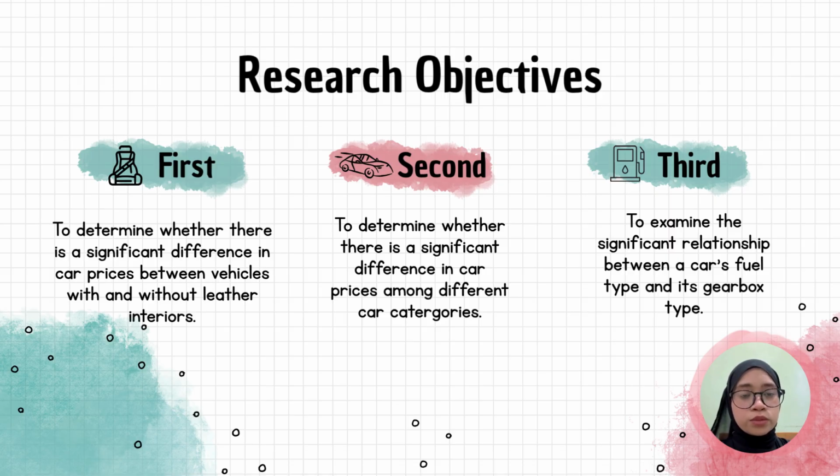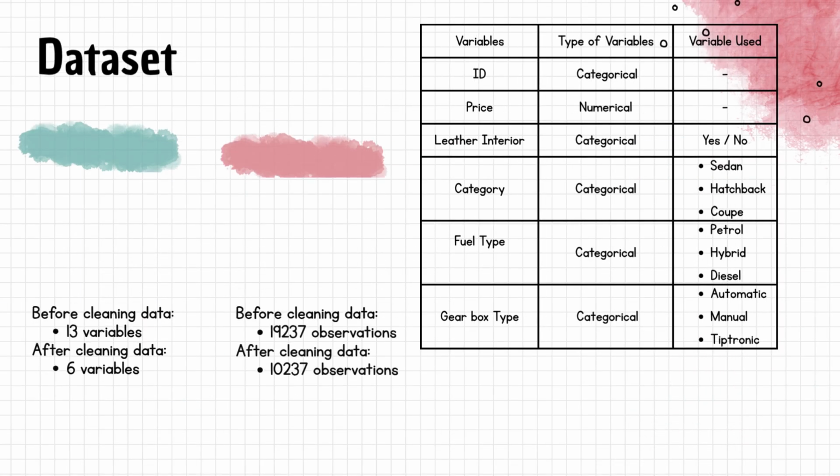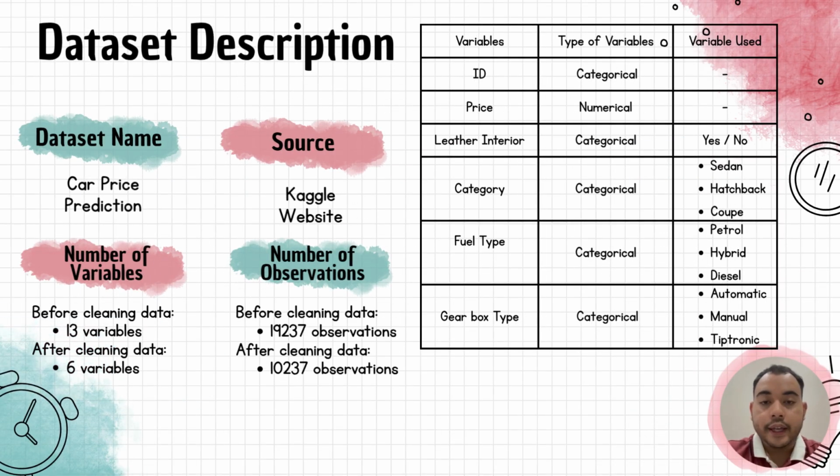To achieve these objectives, we selected appropriate non-parametric statistical tests based on the type of variable and research questions. In this study, we obtained secondary data from the Kaggle website. The dataset is called car price prediction. This dataset was selected because it contains information about vehicle characteristics that are relevant to our research objectives.